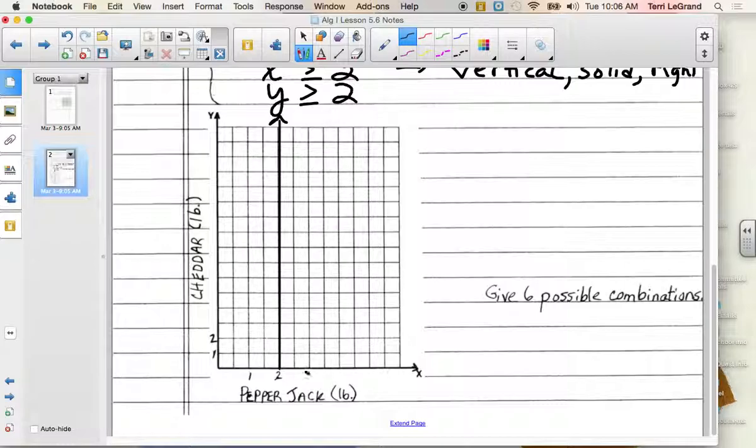So we probably also want to continue numbering to make it easier to follow and read. And shade to the right. Okay. Use red for that one.